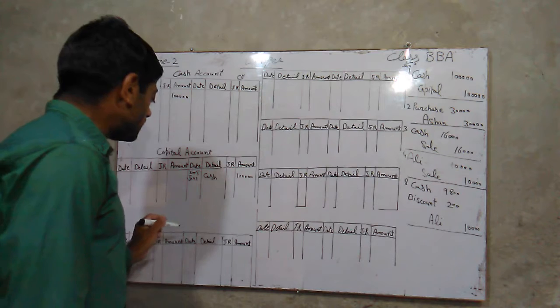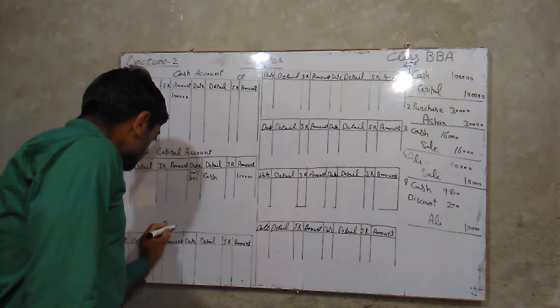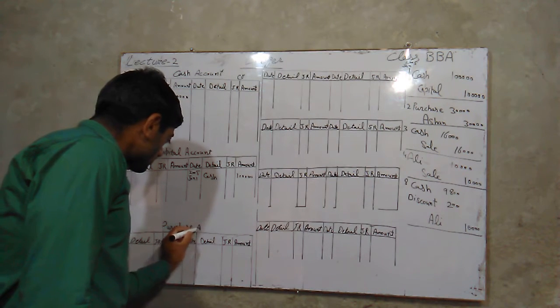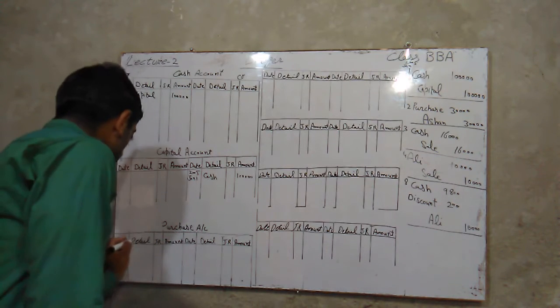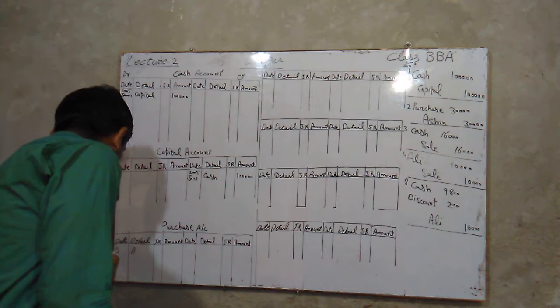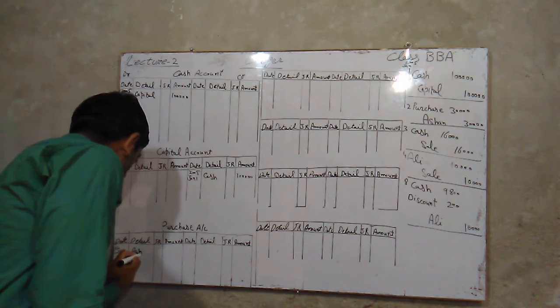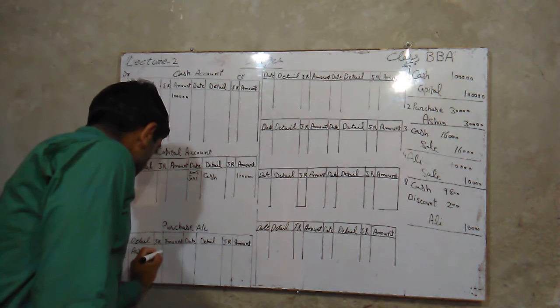So purchases debit due to Ehsan, on 2nd January, with the amount 30,000.